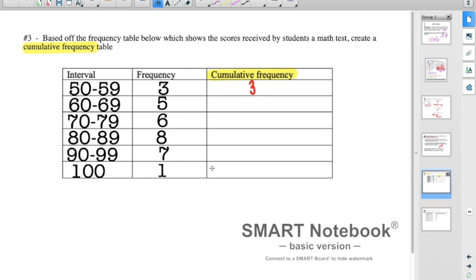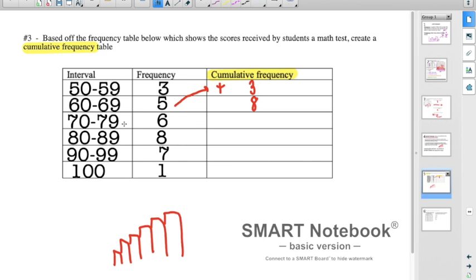But remember, if it's a cumulative frequency, it should keep increasing as we keep going on. So we need to add our previous to the new total. So 5 students got between a 60 and 69, which means that we now have a total of 8 students. So what I did was I took the previous one and added it to my new frequency.